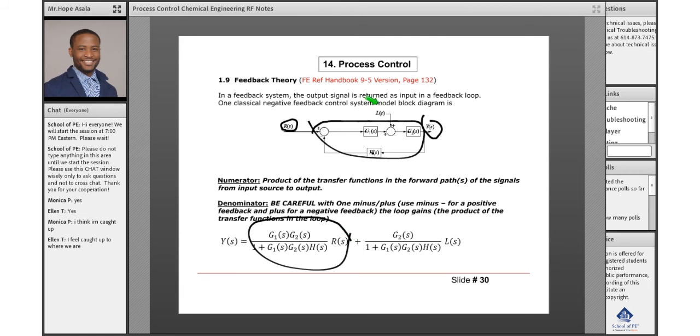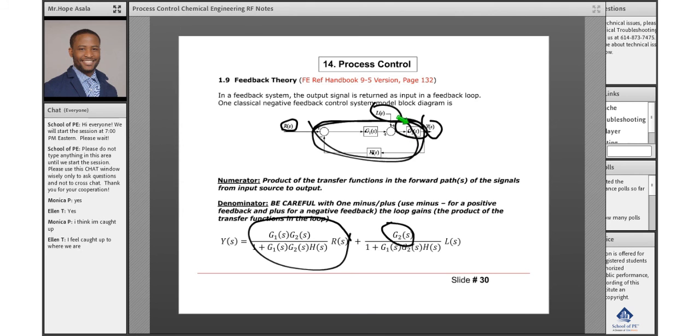So the only block you have here, because of this L(s) disturbance input, is going to be based on a new loop, and that new loop is going to be a function of the numerator, which is a function of only what it fits into, which is the G2(s). That's why you have this one here. And then of course, because you have a control loop, a feedback loop, you're going to consider the whole block for your denominator, because this is what's going to affect your stability.